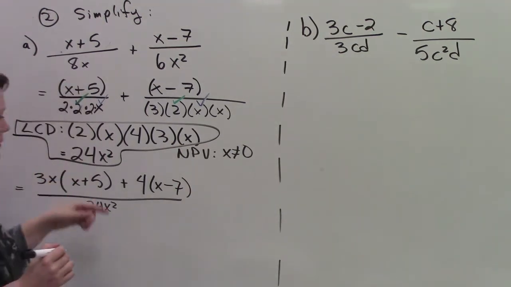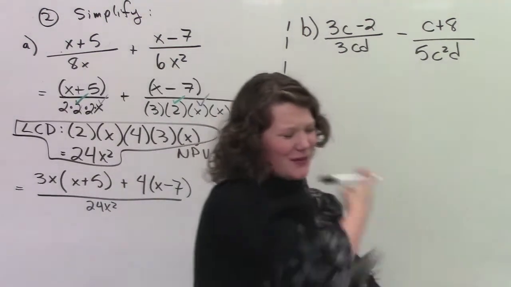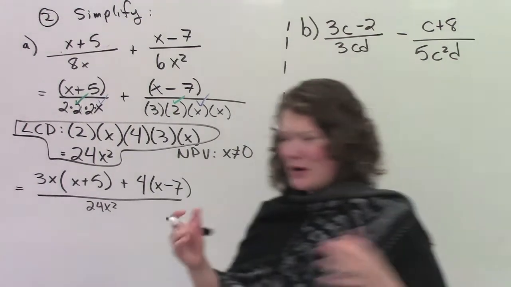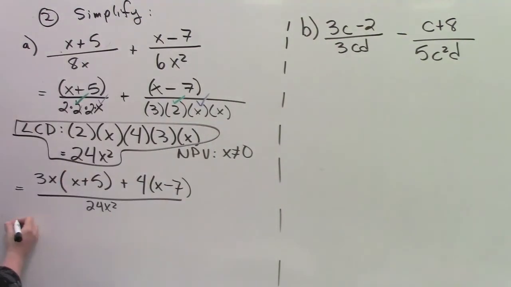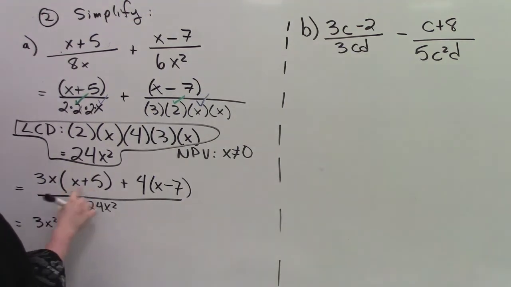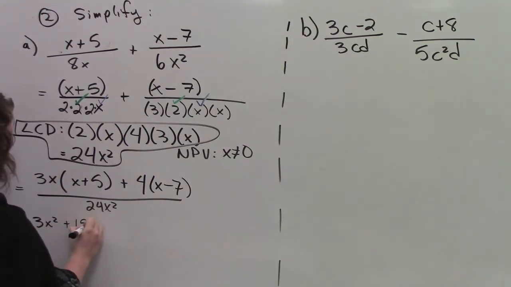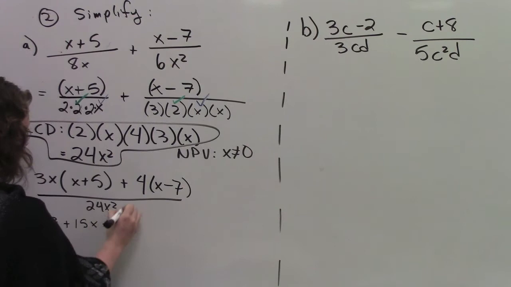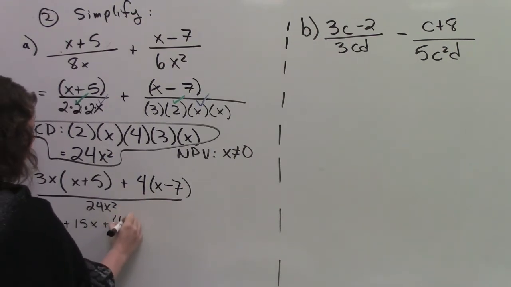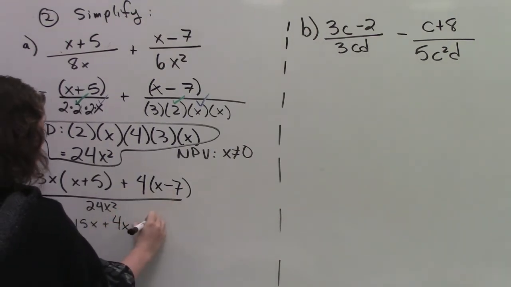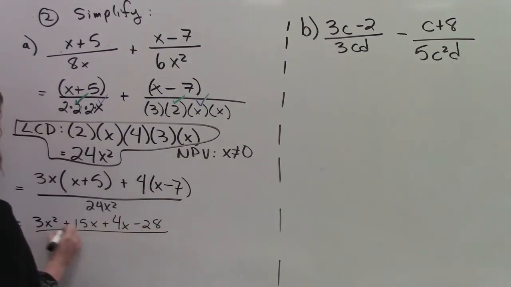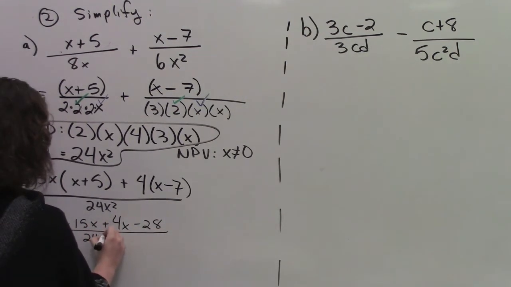Now people say FOIL it out, but it's not really foiling, it's just the distributive property. We're left with 3x squared plus 15x plus 4x minus 28 all over 24x squared.